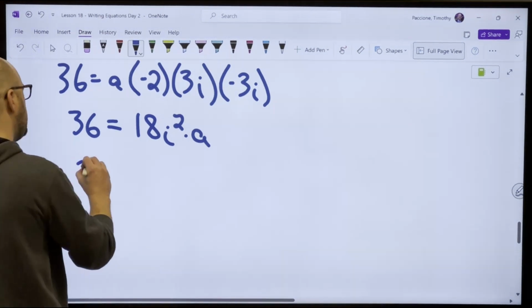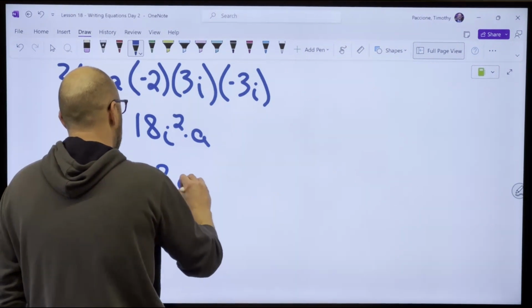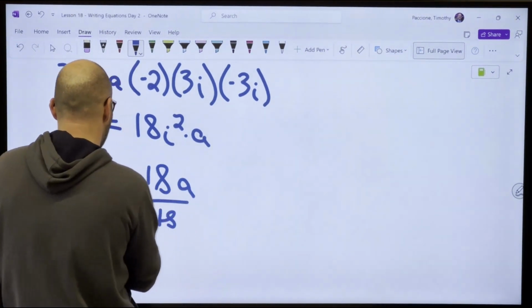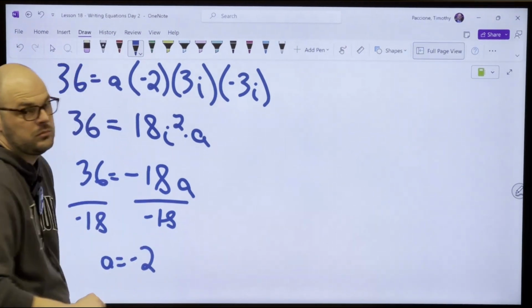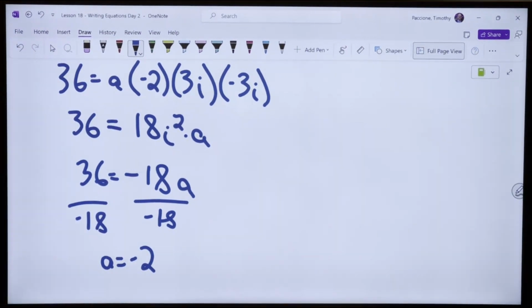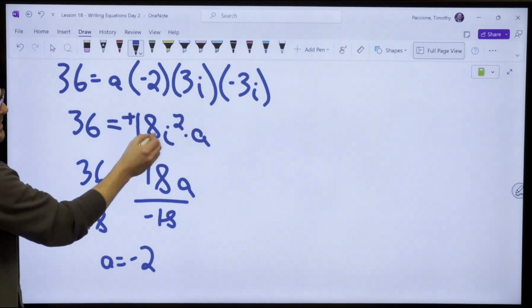So really we have 36 equals negative 18a, divide by negative 18, divide by negative 18. a equals negative 2. Wait, but then isn't it positive 18 because it's negative 1? Where's negative 1? i squared. Yeah, but it was positive. Oh. Positive times a negative is a negative.